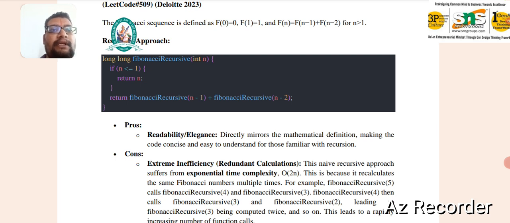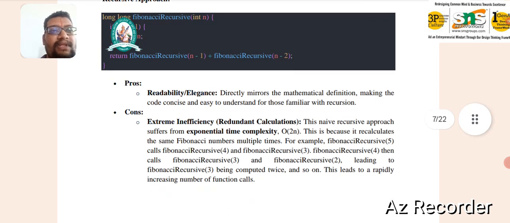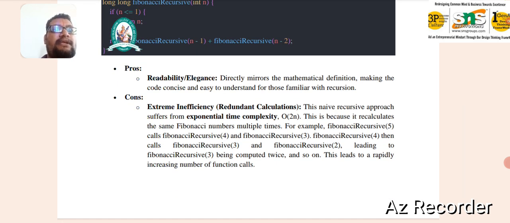In readability and elegance, it directly mirrors the mathematical definition, making the code concise and easy to understand for those familiar with recursion. But it is extremely inefficient because of redundant calculations. This naive recursive approach suffers from exponential time complexity, that is order of 2 to the n.